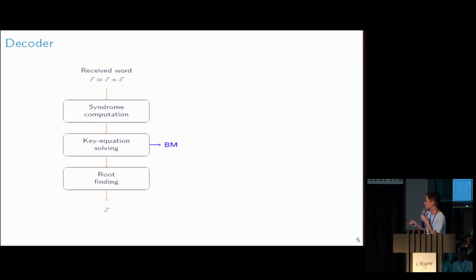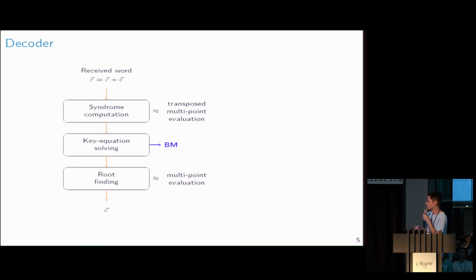The decoding algorithm starts with a syndrome computation phase, and then we have to solve something called the key equation, which is typically solved by using the Berlekamp-Massey algorithm, a well-known algorithm. And then in the last stage, we do a root finding phase to find the roots of some polynomial in order to recover which positions are in error. Okay, so this is the original algorithm.